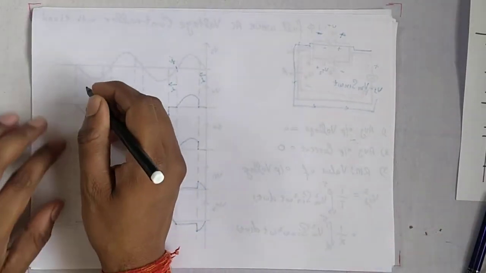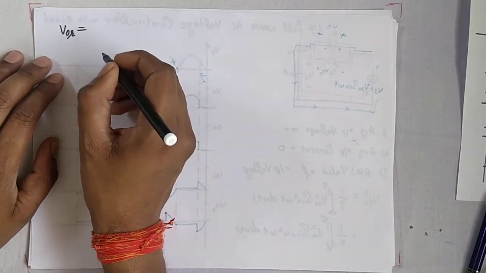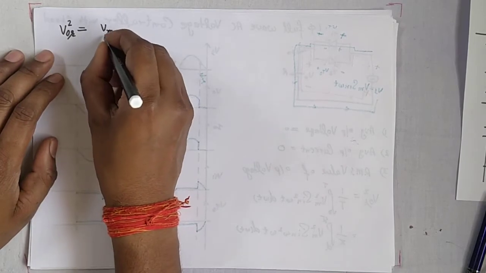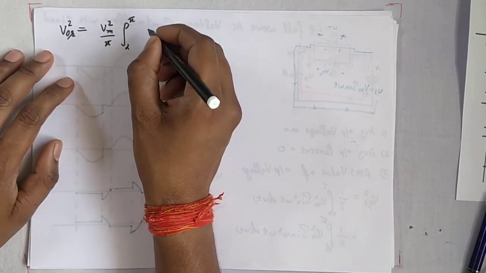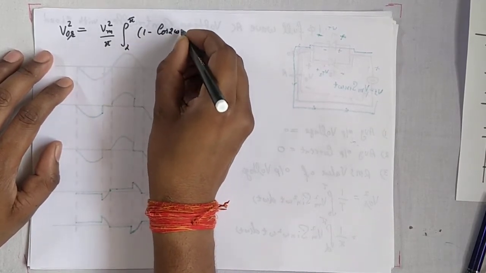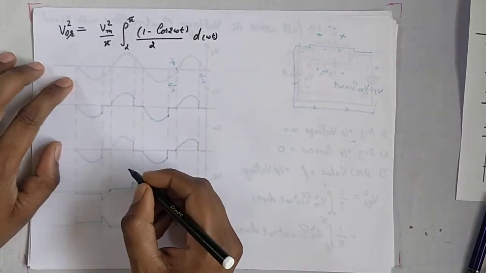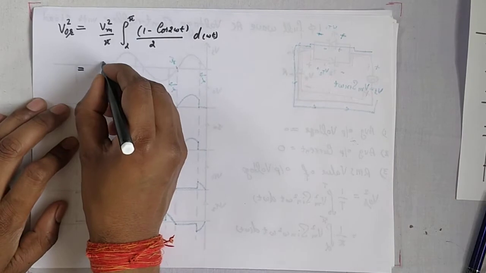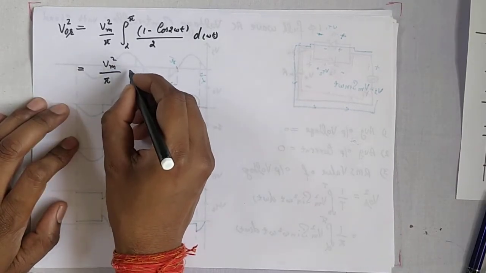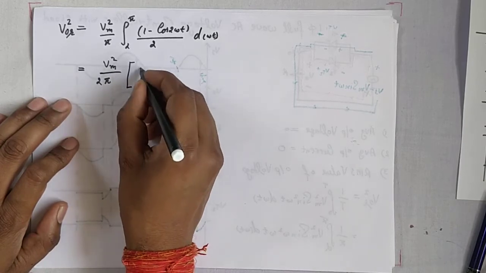Now solve it. VOR square equals Vm square divided by pi, integral from alpha to pi of sin square omega T, which becomes 1 minus cos 2 omega T divided by 2, d of omega T, equal to Vm square divided by 2 pi, times pi minus alpha.